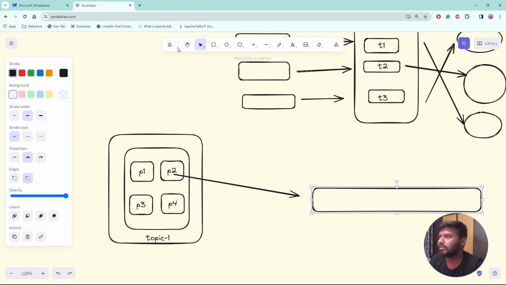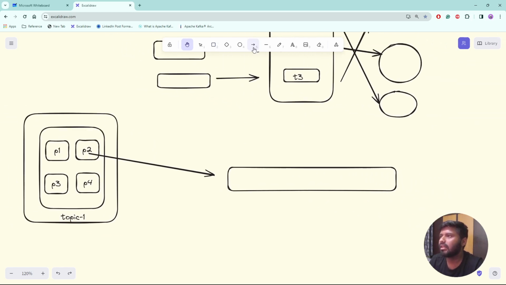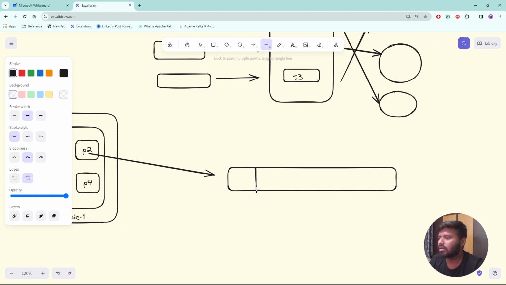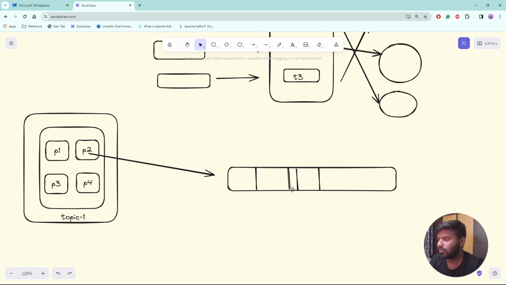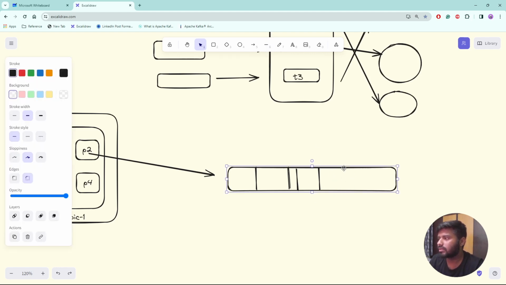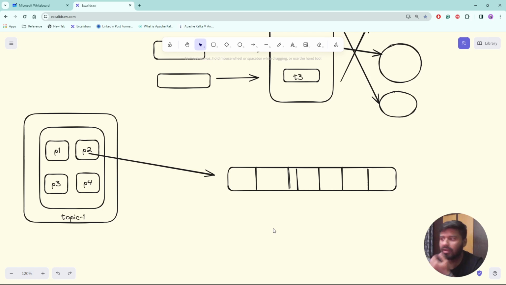Let's say this is our memory, and this is a certain portion of the memory, with many cells that we are preparing here. So within the partition, we have the records saved in memory like this.